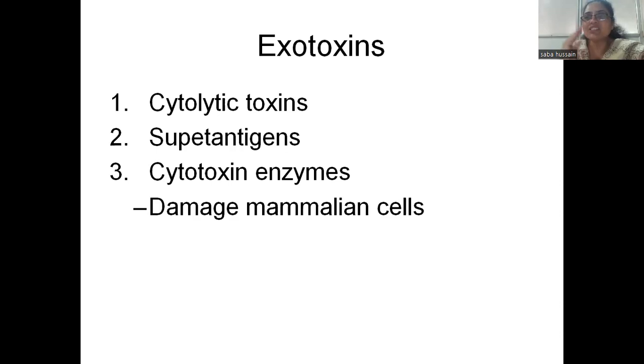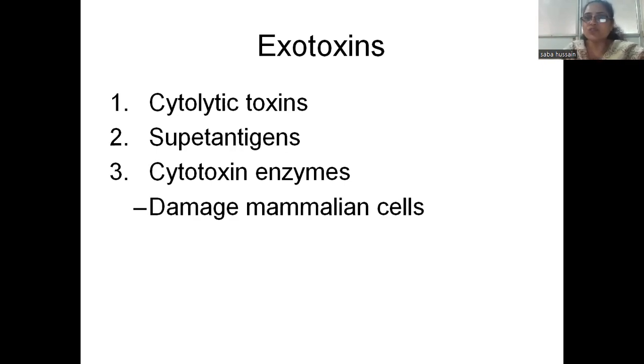Now we have talked about the outer wall of the bacteria. Coming inside the bacteria, we have talked about exoenzymes, the enzyme system that the bacteria will be having. And now we are talking about exotoxins. Exotoxins are again the toxins which will be secreted by bacteria using host machinery. So what are those toxins?